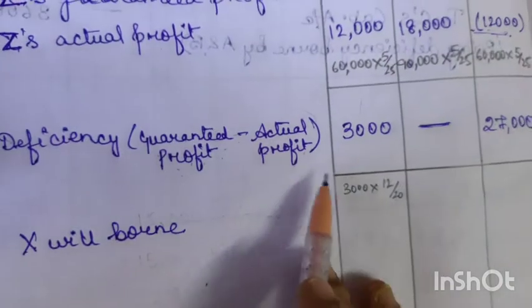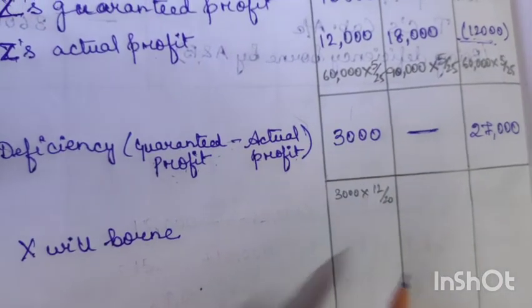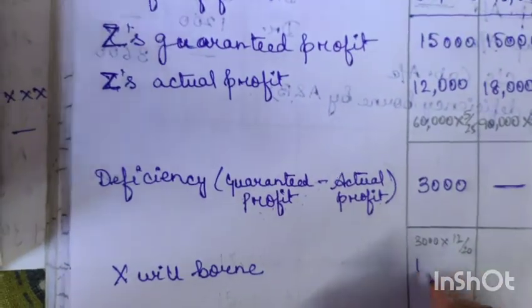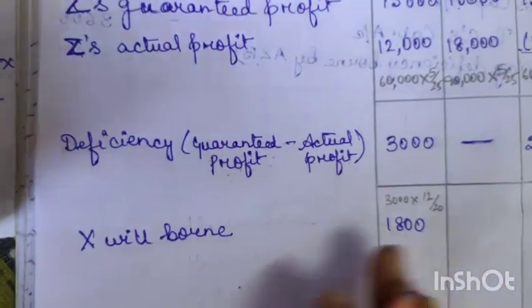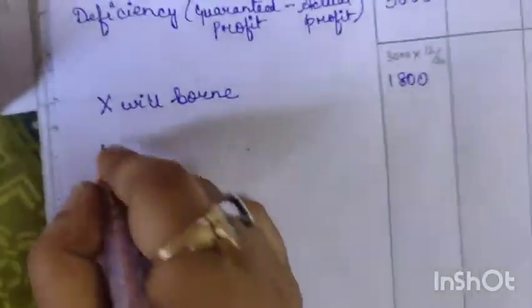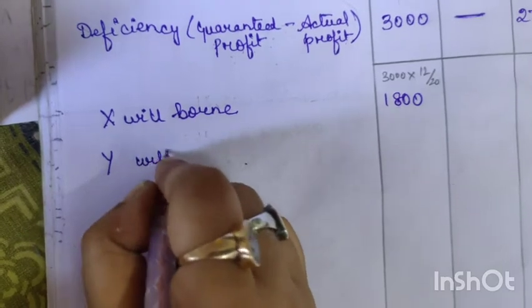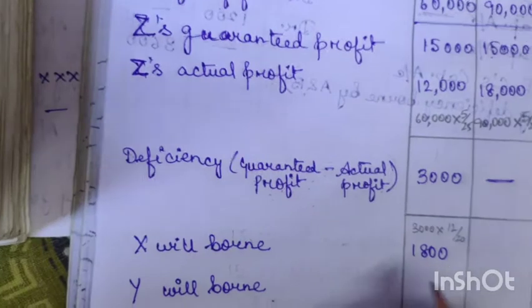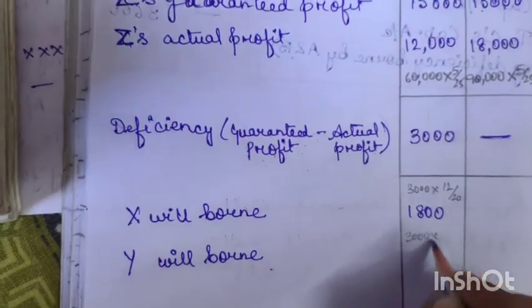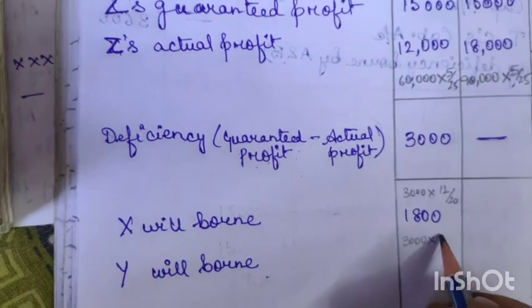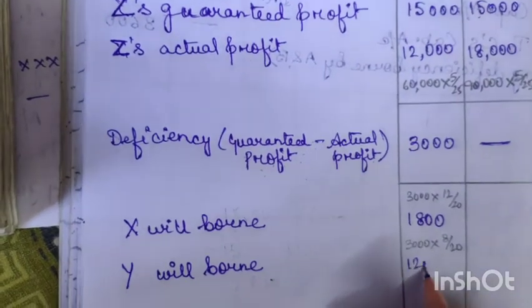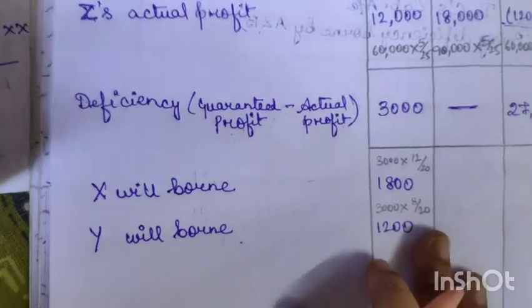So 3000 into 12 by 20 is 1800. So X will bear 1800 of the deficiency in the first year, that is 11 to 12, and Y will bear, with the same calculation, 3000 into 8 by 20, so it will be 1200. So this is the case for the first year.